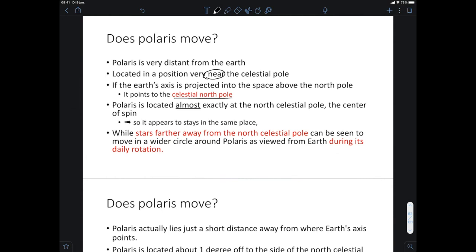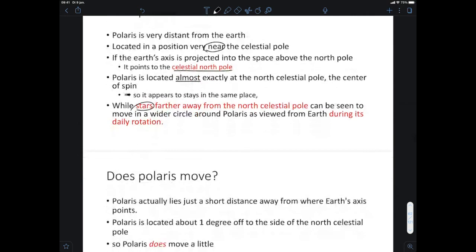Polaris is located almost exactly at that North Celestial Pole, so at the center of the spin. So it appears to the observers on the Earth that Polaris stays in the same place, and that stars further away from the North Celestial Pole move in circles around Polaris during the daily rotation of the Earth.